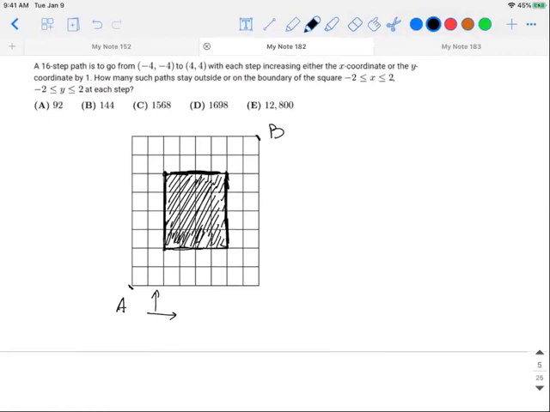Well, the question says what? The question says you can only walk up and to the right. So think about it. I just want to give you some examples. Let's say for some reason I go to here. As long as I reach the point C, from C I can only go up or go to the right, right? So that being said, there's no way for me to touch the entire shadowed area. That makes sense.